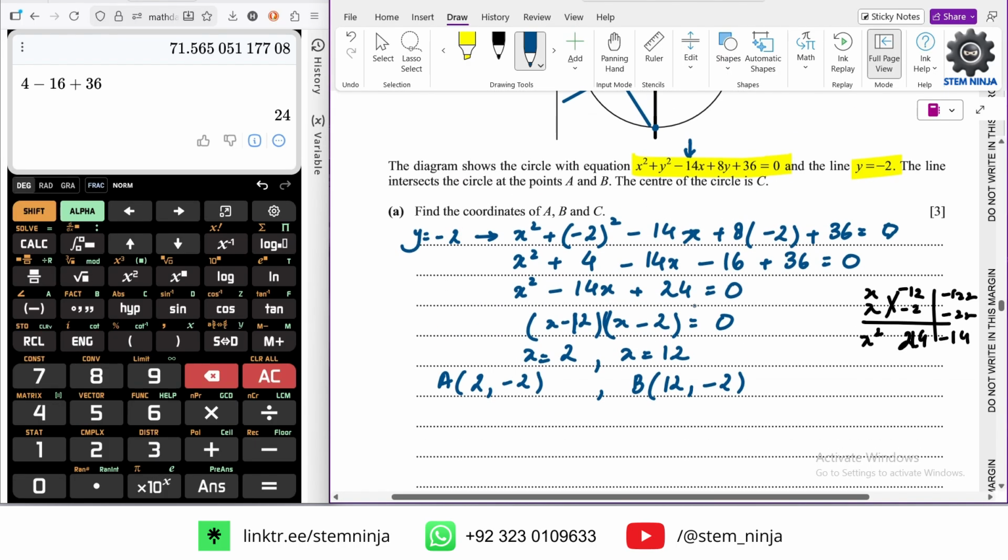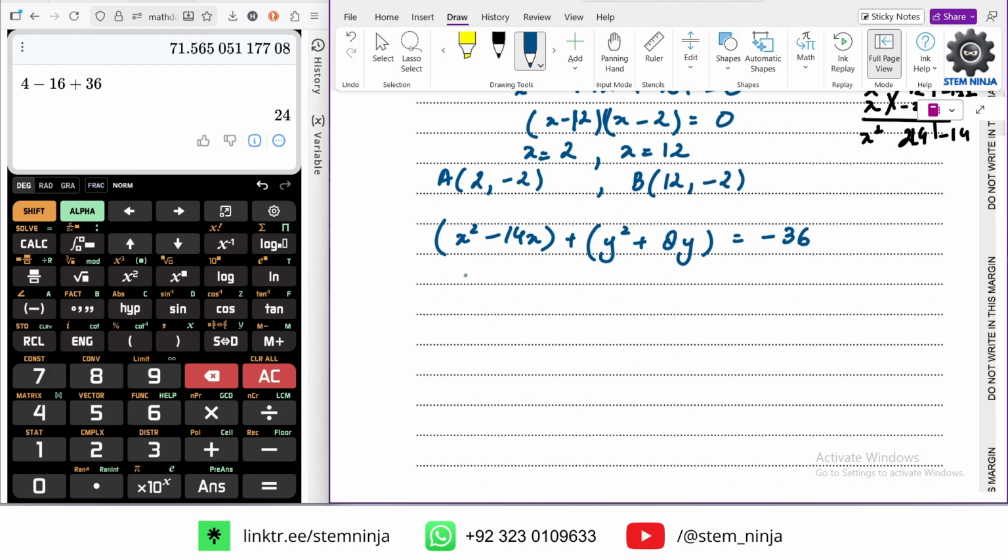Now for the center, x squared minus 14x plus y squared plus 8y equals minus 36. Now we complete the squares for this.